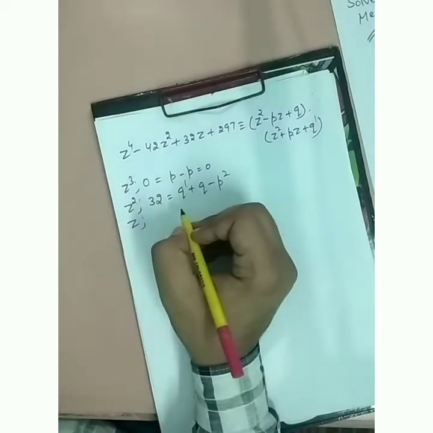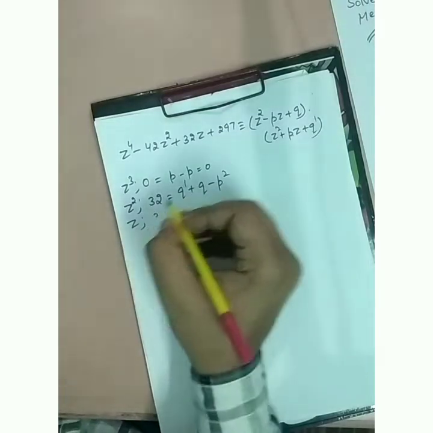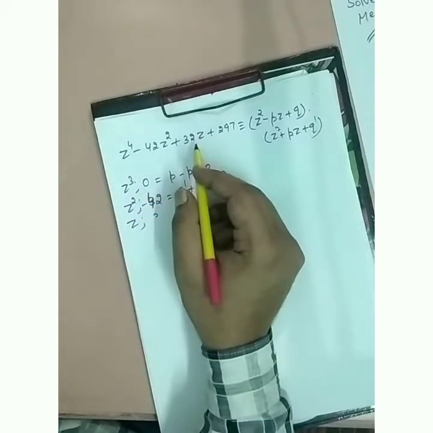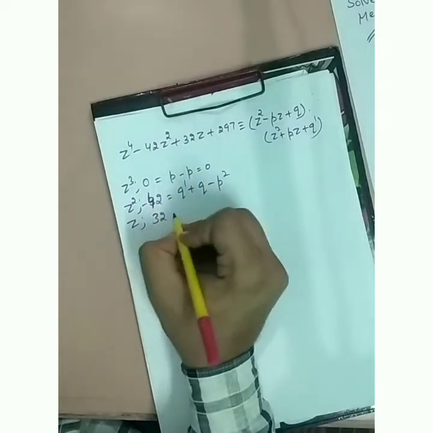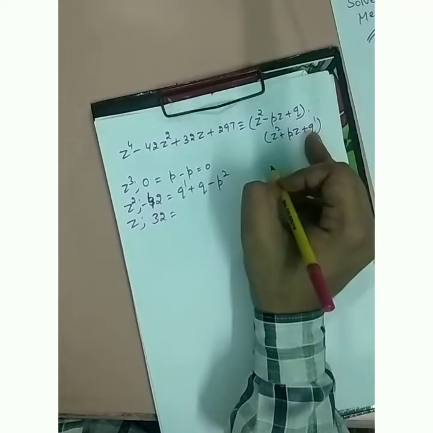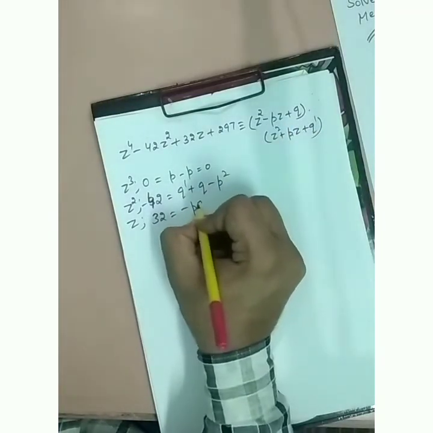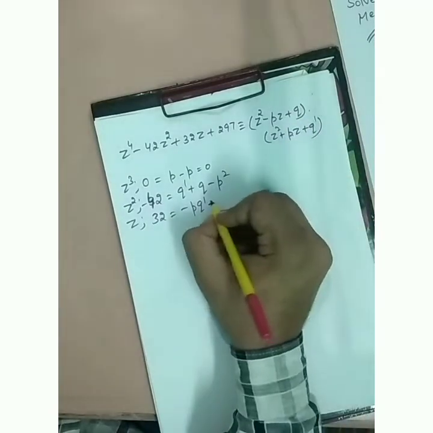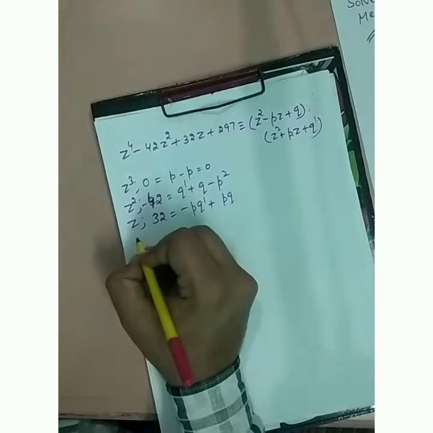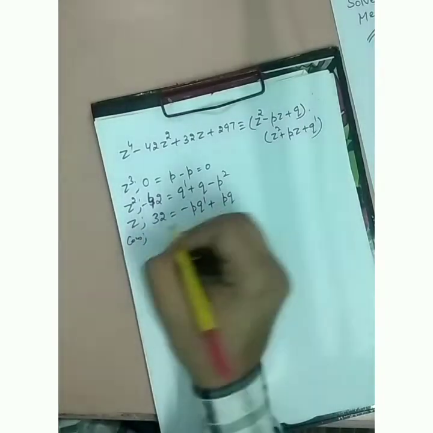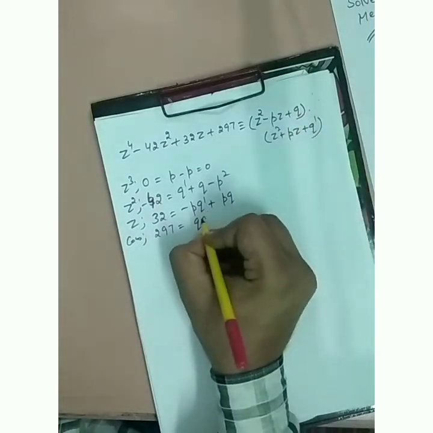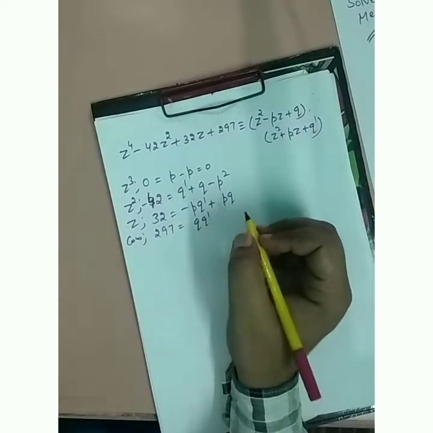Comparing the coefficient of z, here the coefficient is minus 42. Now the coefficient of z, that is 32, is equal to the coefficient of z, that is minus pq' plus pq. Now the constant term here is equal to 297, and here the constant term is equal to qq'.